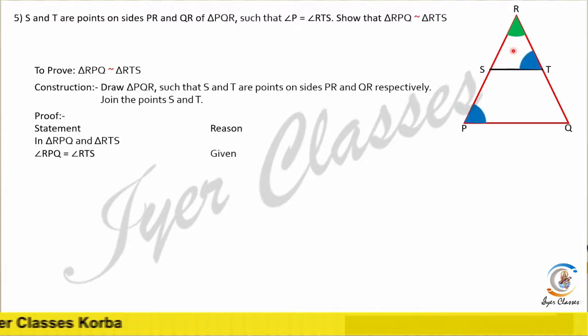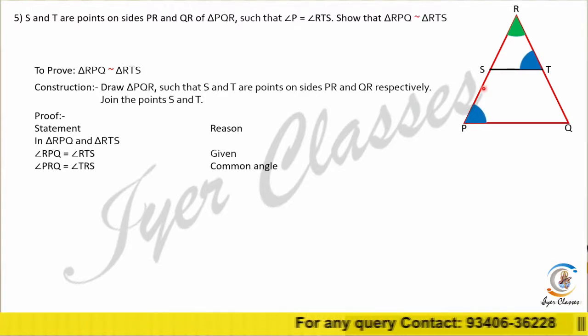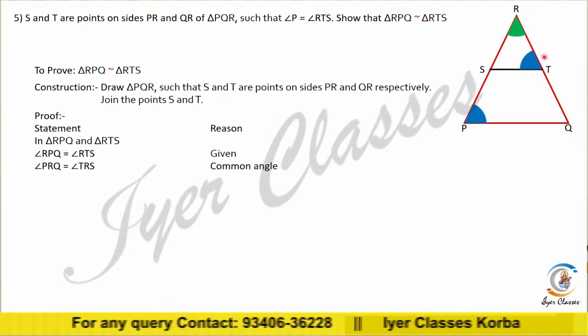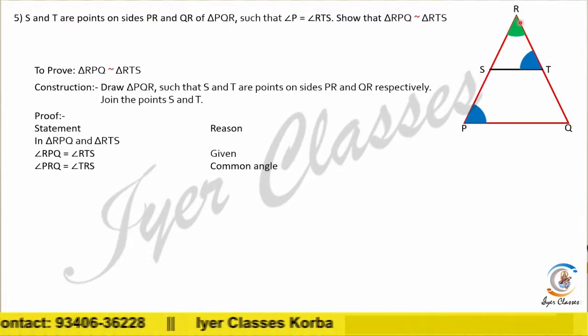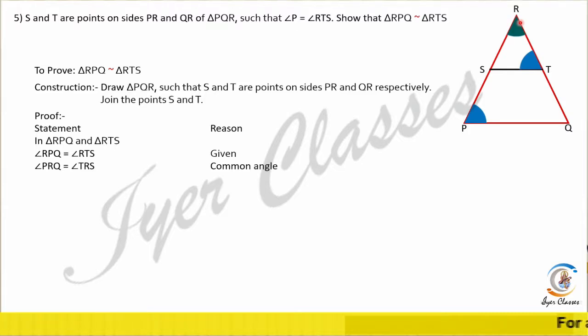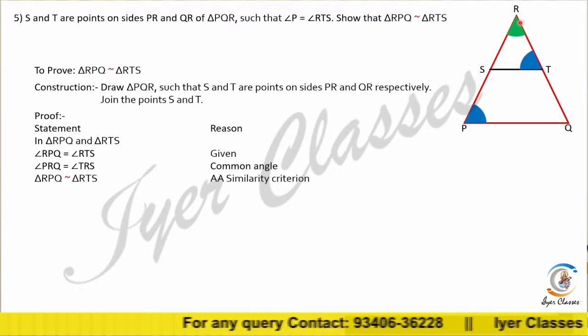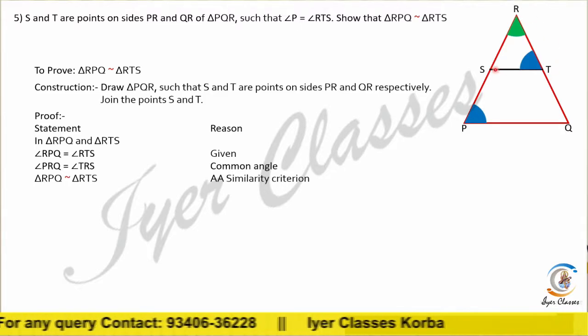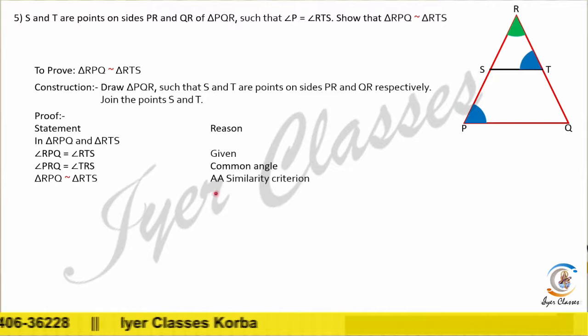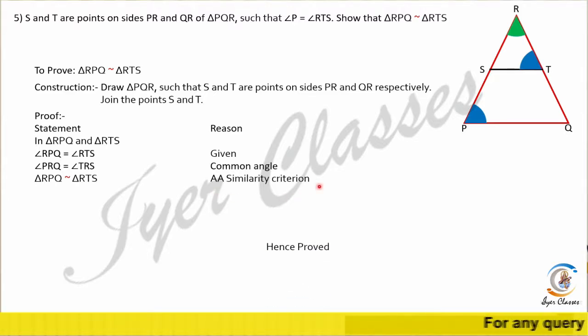And you have this angle, that is PRQ and TRS, the green angle, common to both the triangles, right? So they have to be equal. So the two triangles, RPQ and RTS, are similar by AA similarity criterion, and this was supposed to be proved.